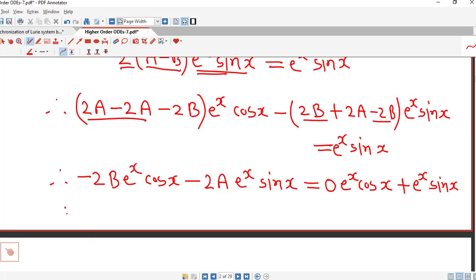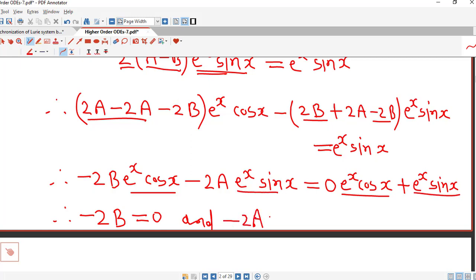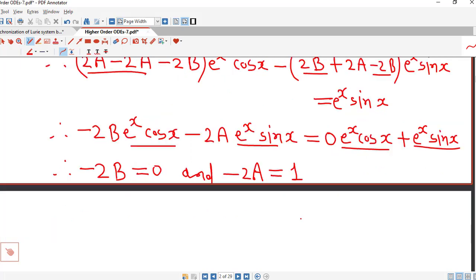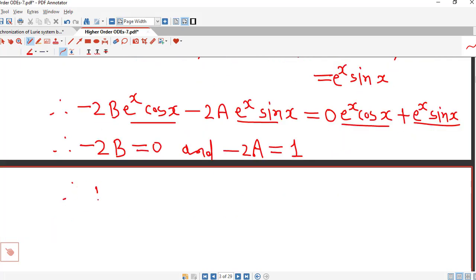So if we compare the coefficients of e raised to x cos x, we have minus 2b equal to 0, and if we compare coefficients of e raised to x into sin x, minus 2a equal to 1. So this gives me b equal to 0 and a equal to minus 1 by 2.